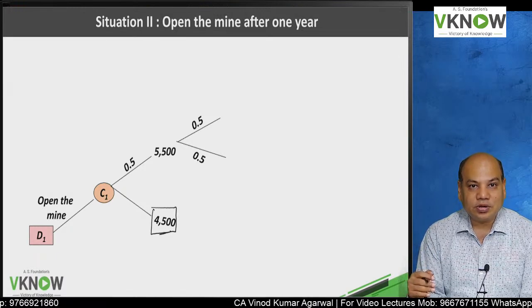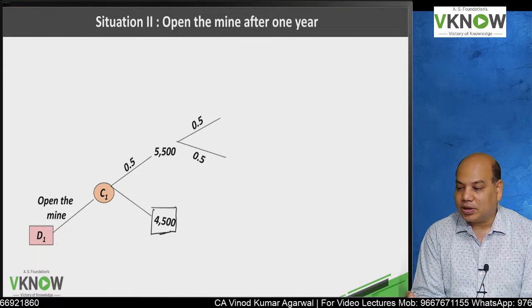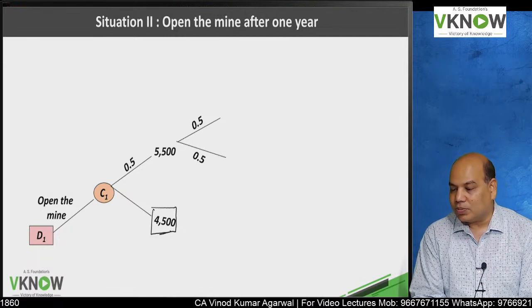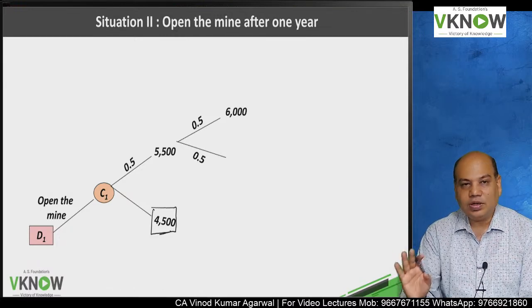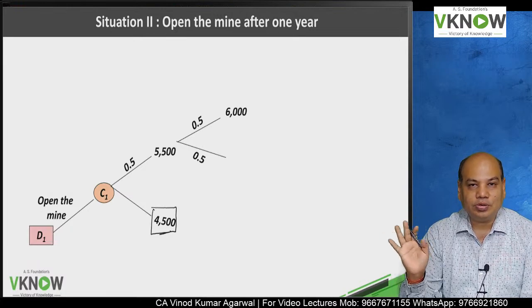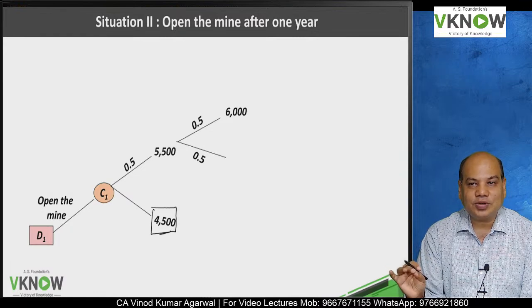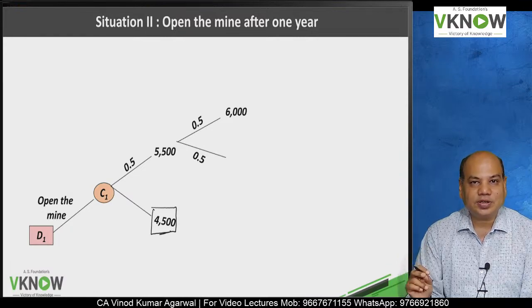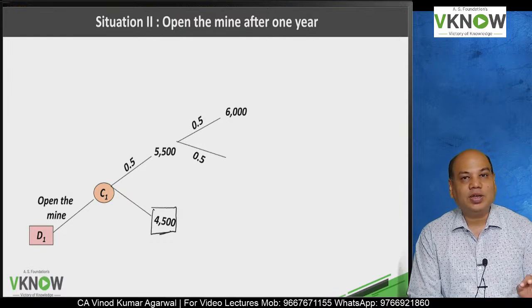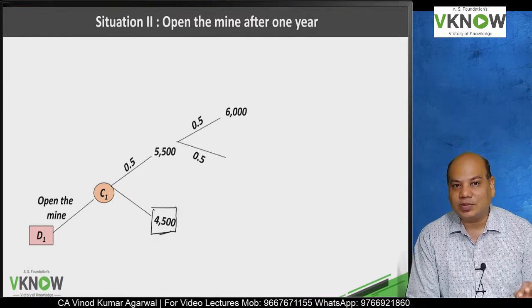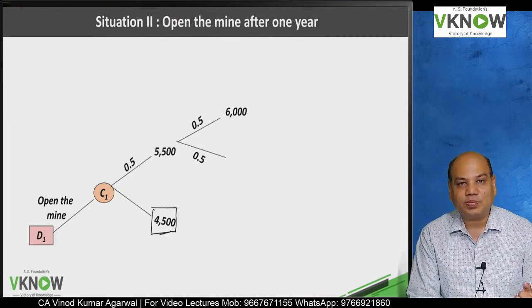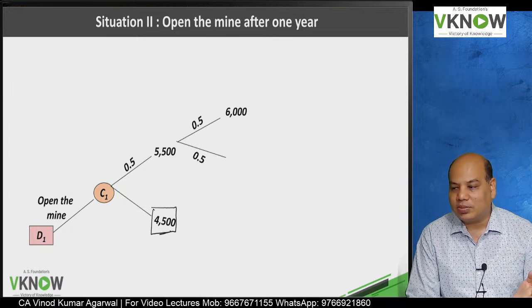My extraction cost is more than the expected price, so I will just stop here. I will decide not to open the mine, no calculation required. A man on the street can also say, if my cost of extraction is 4,600 and my expected price is 4,500, it is a loss-making proposal, so let us not open the mine.